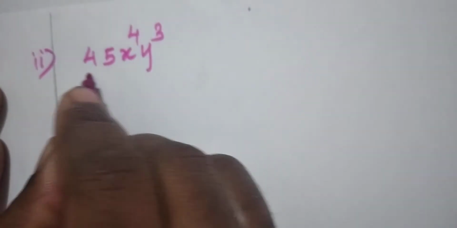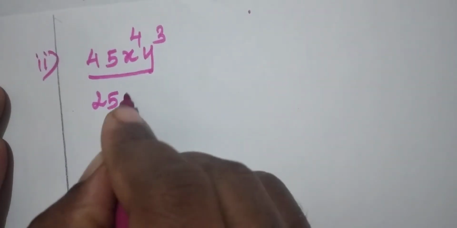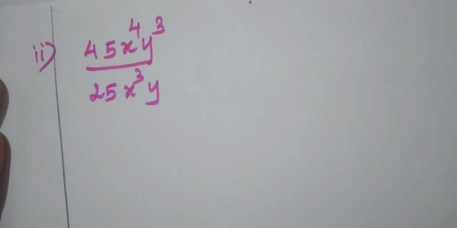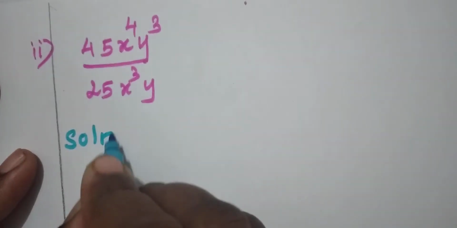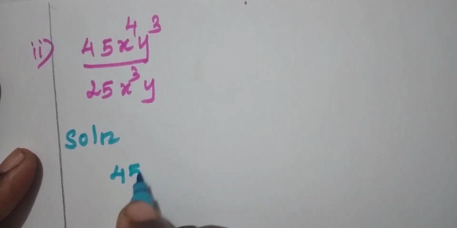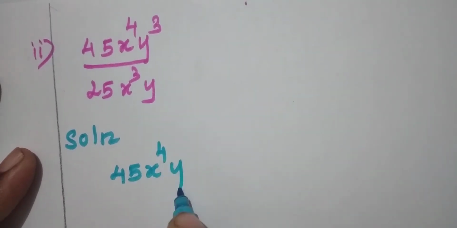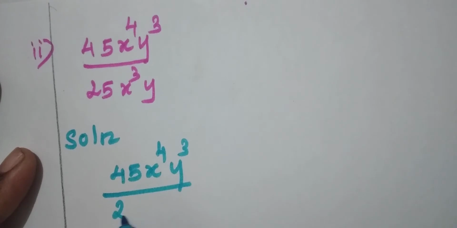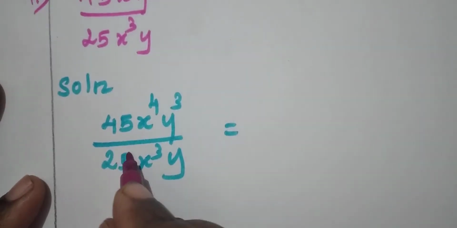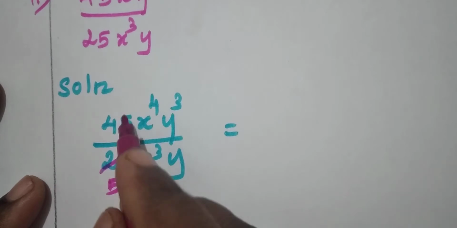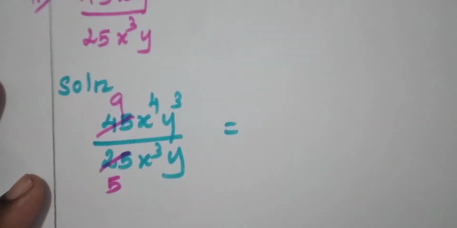45x power 4 y cube divided by 25 x cube y. So cancel these two numbers by 5 tables. 5 5s are 25 and 9 5s are 45.